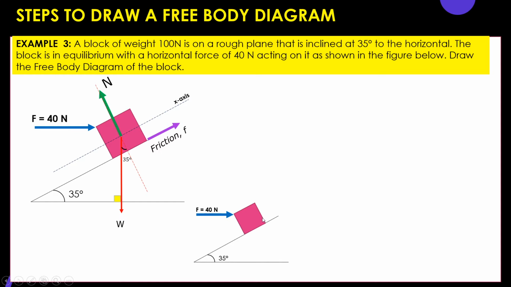Alright, so now let's look at here. Okay, we have F. Remember the direction of F here, and F 40 Newton is parallel to the base, while the x-axis here is parallel to the surface. So now if this is 35 degree, this should be equal to 35 degree.